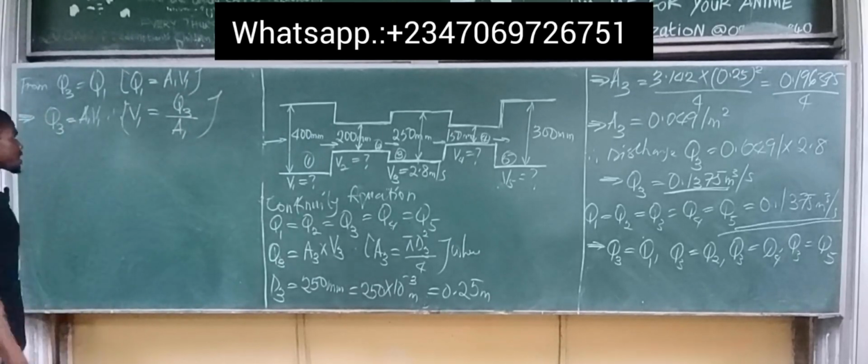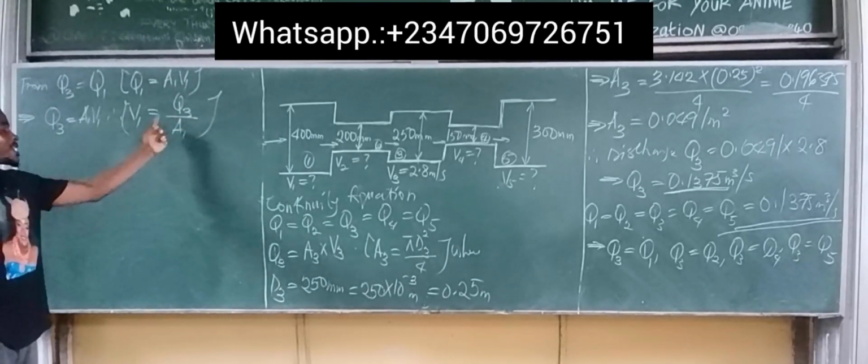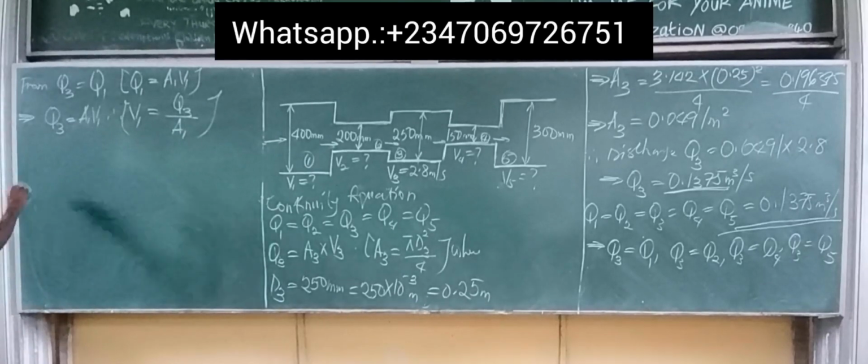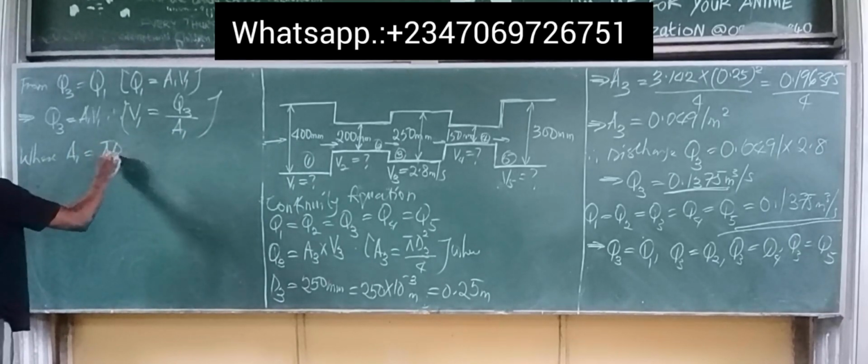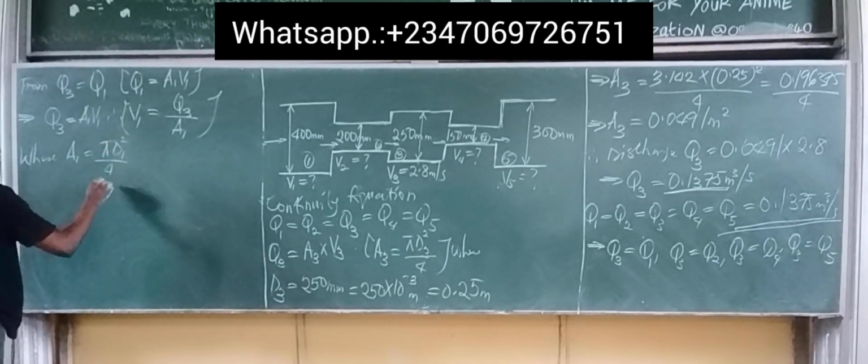Okay, so we know Q3. All we need to do is find the area of portion 1, where A1 is simply equal to pi times diameter 1 all squared divided by 4.